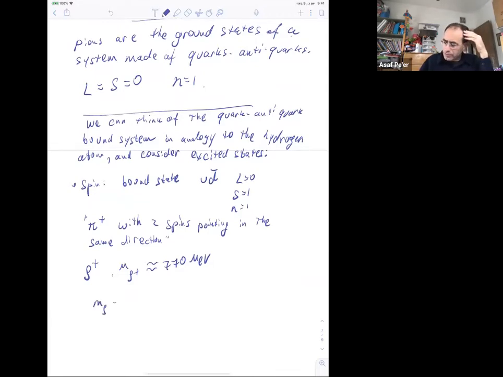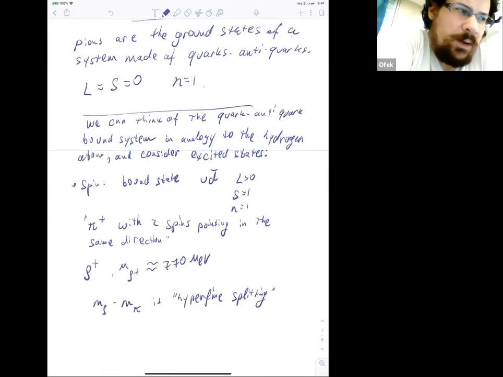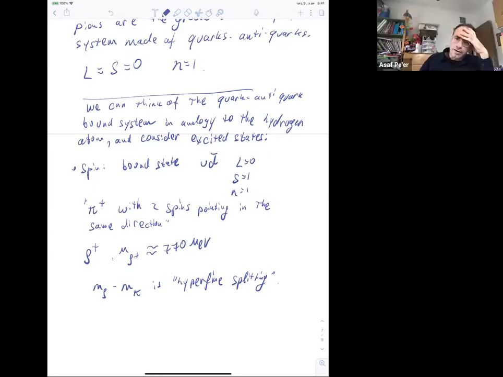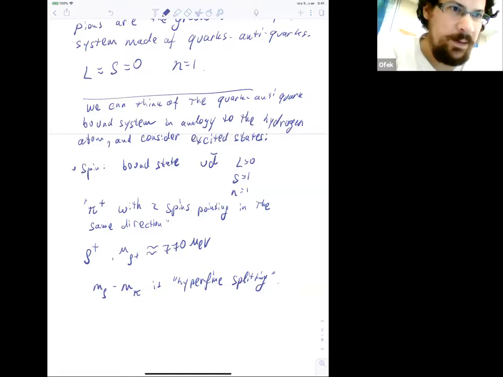So I'll just write it down. M rho minus M pion is the hyperfine splitting. So if the hyperfine constant is alpha, 1/137, what's the... No, it's not. Alpha of 1/137 is the QED for the hydrogen atom hyperfine, the actual hyperfine.